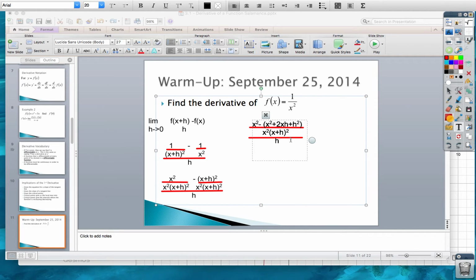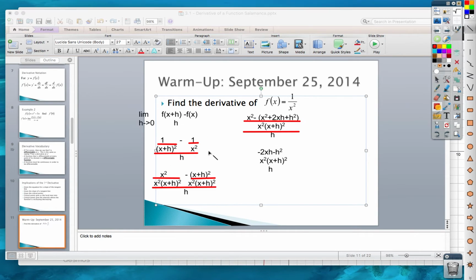And once we simplify the top, x squared minus x squared goes to 0. And then we're going to have negative 2xh minus h squared, all divided by x squared times quantity x plus h squared, all divided by h, like so.